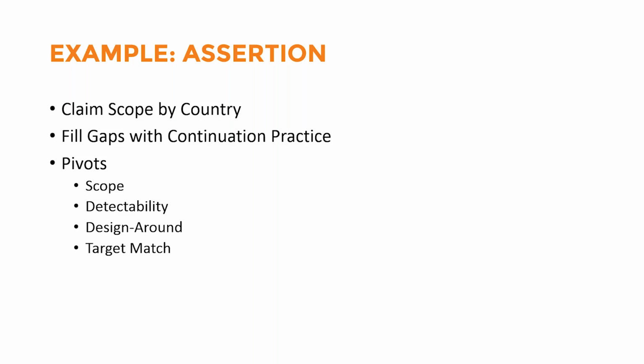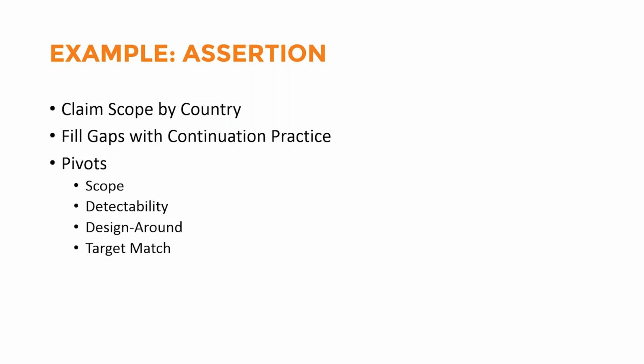It's those first three pivots: scope, detectability, and design around. And I think detectability is all too often overlooked, but it's incredibly important, especially as you're analyzing part of a family or part of a portfolio for assertion purposes. But those are all claim-specific characteristics.